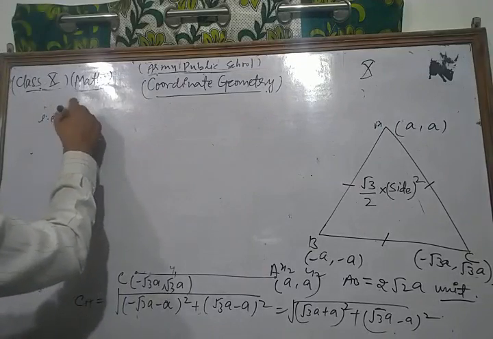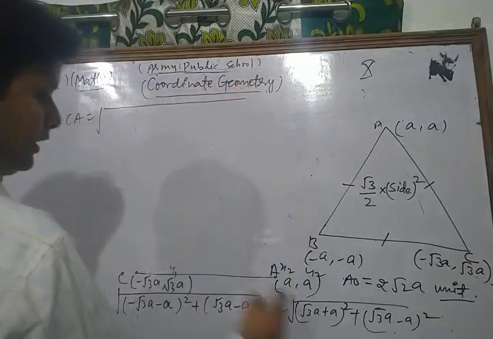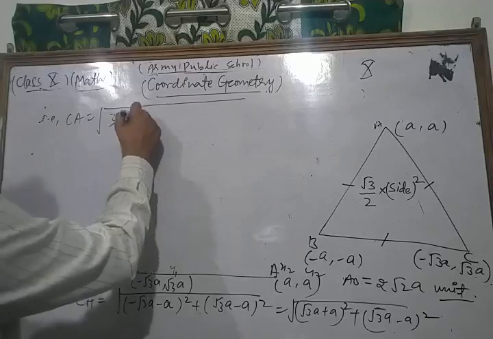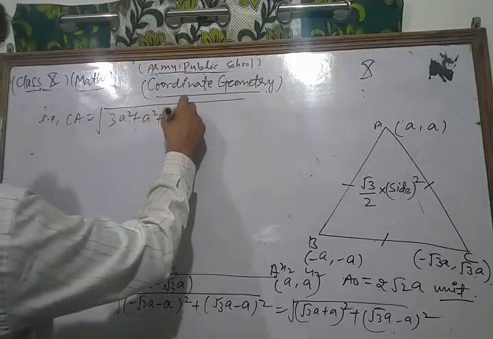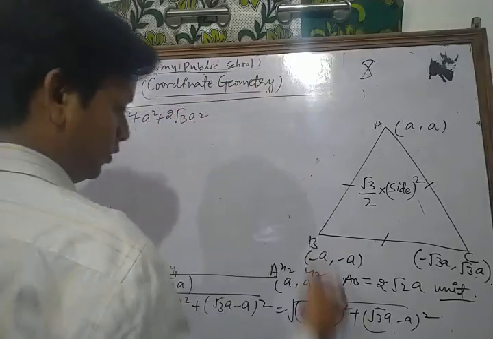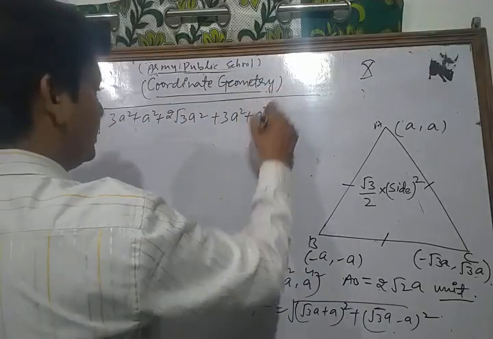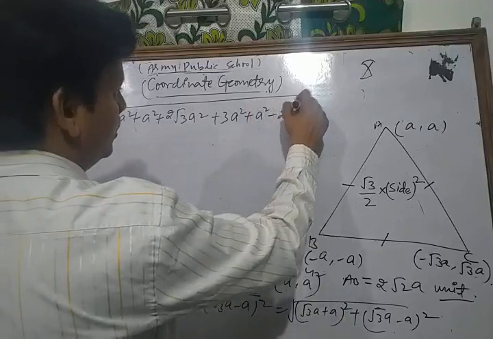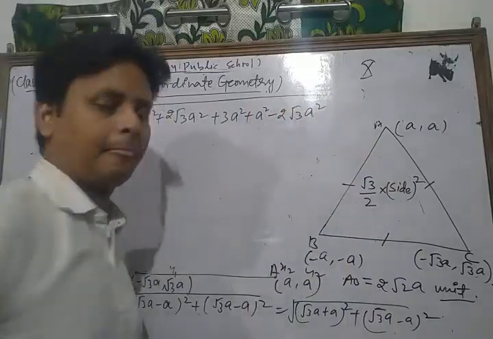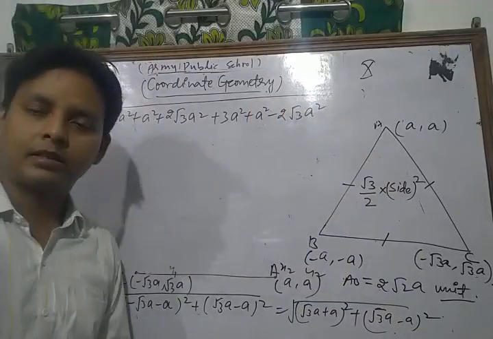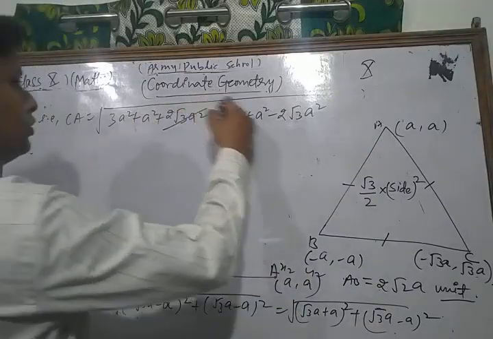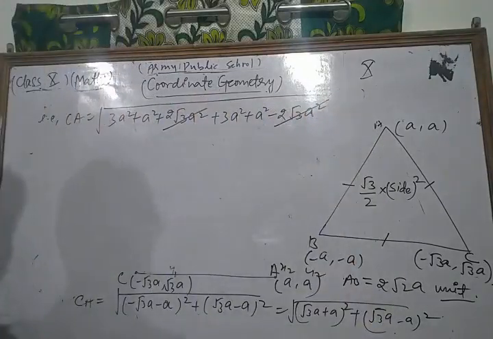That is, length CA is equal to, this is a square, meaning 3a square plus b square plus 2ab, 2√3a square. Now (a − b) whole square is a square plus b square minus 2√3a square. This is the concept here. Now 2√3a square and 2√3a square cancel each other.